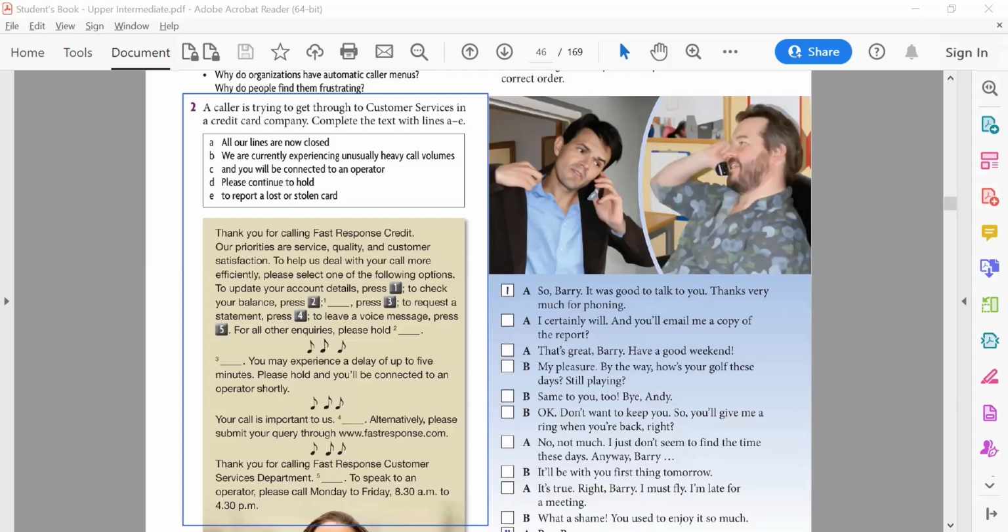Alternatively, please submit your query through www.fastresponse.com. Thank you for calling Fast Response Customer Services Department. All our lines are now closed. To speak to an operator, please call Monday to Friday, 8:30 a.m. to 4:30 p.m.